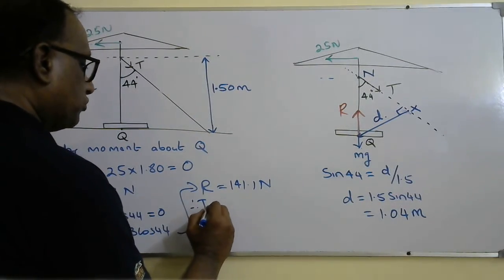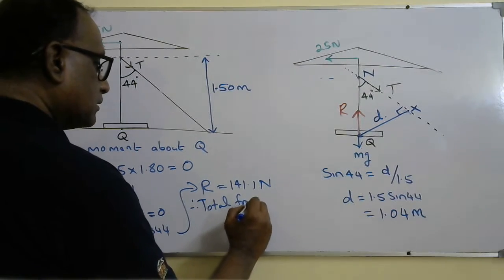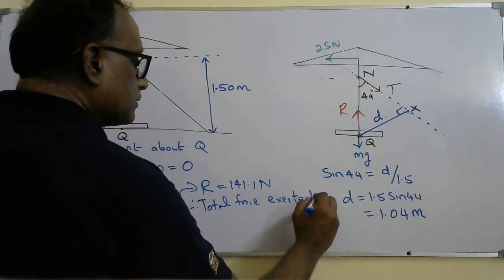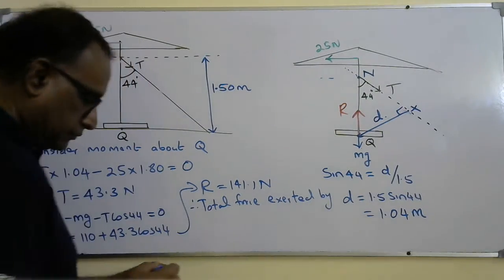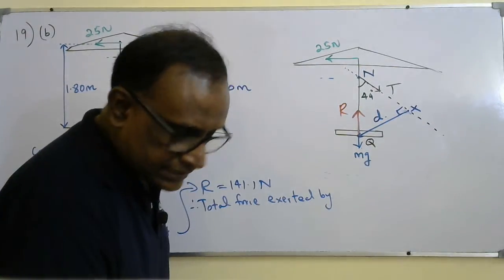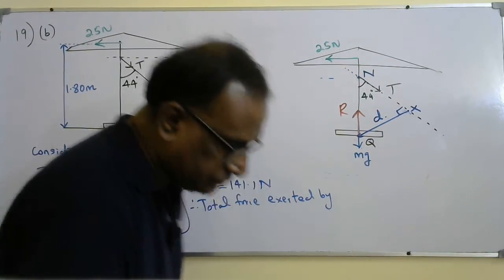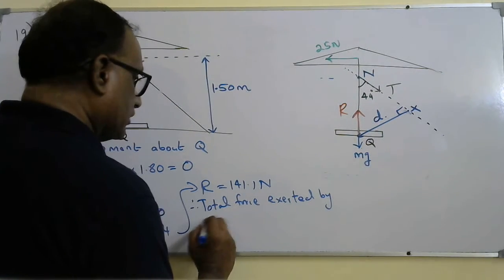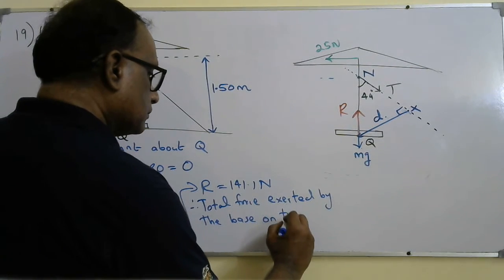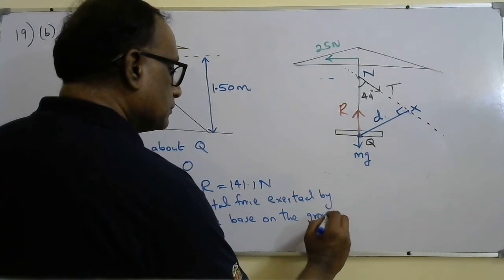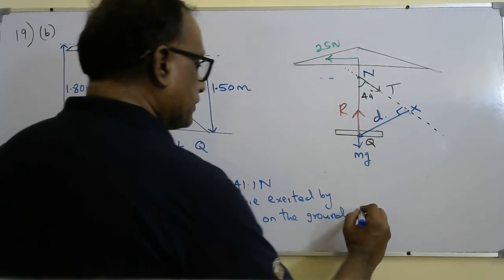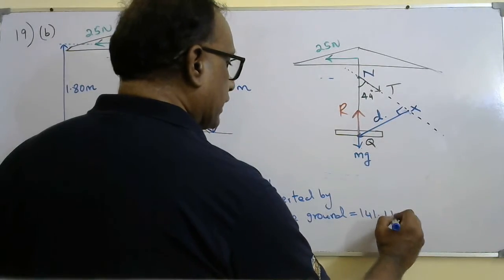Therefore, the total force exerted by the parasol on the ground, the force by the base on the ground, is also the same, 141.1 Newton.